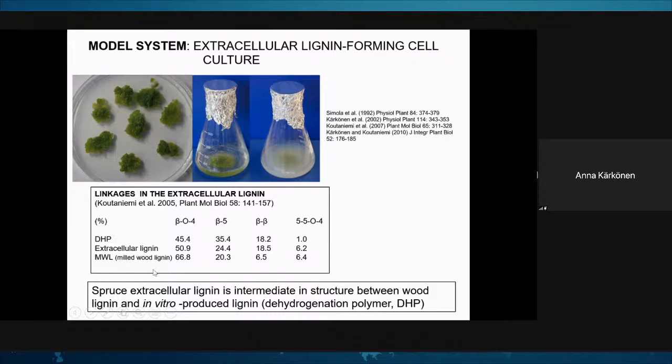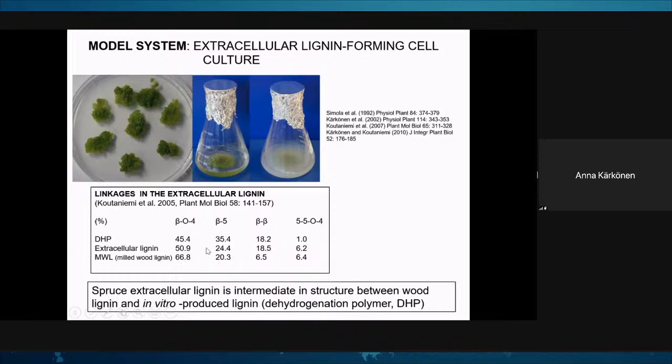And here is a table showing the linkage structure between the monolignol units in lignin. As compared to artificial dehydrogenation polymer and milled wood lignin, that is lignin coming from the native trees, the beta-O-4 linkage amount is about middle between these.